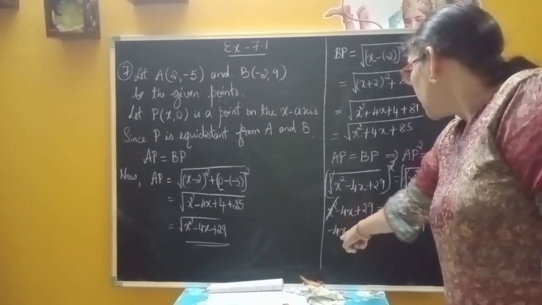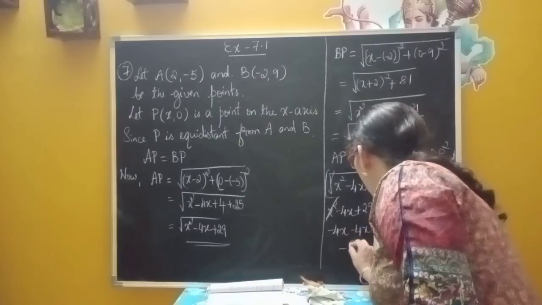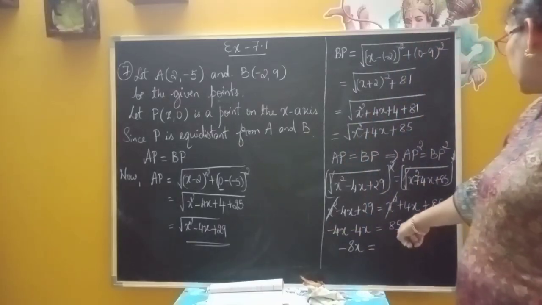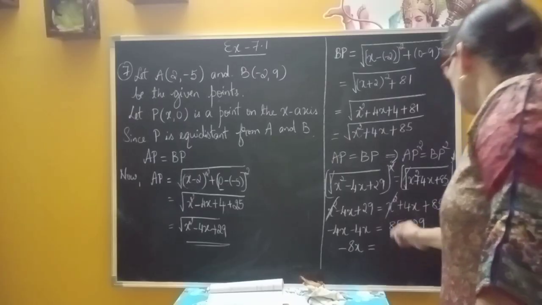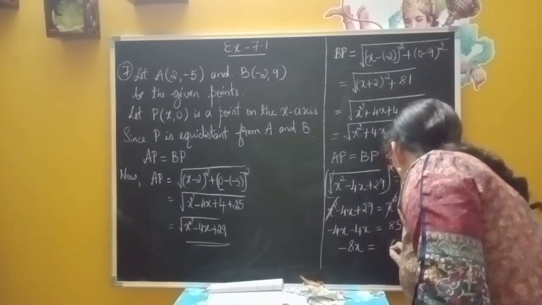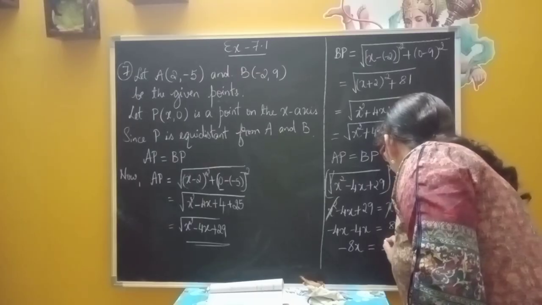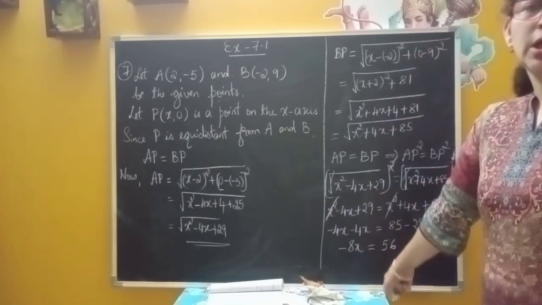So minus 8x is equal to 85 minus 29. How much? 15 minus 9 is 6, here 7 minus 2, 5. Okay, so minus 8x is equal to 56.